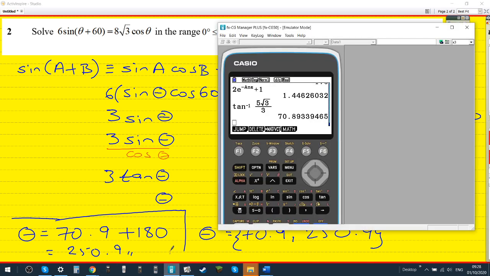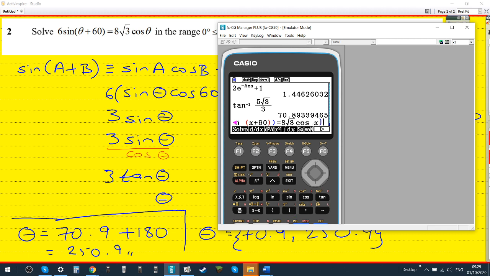And keeping in mind, if you wanted to check everything, option, calculate, solve: 6 sine bracket theta plus 60 close bracket, twice equals 8 root 3 cos theta.